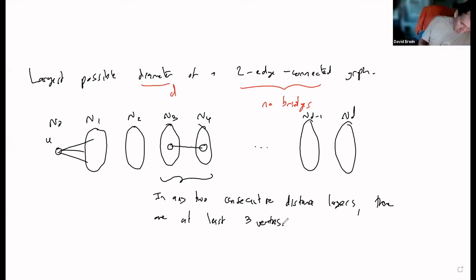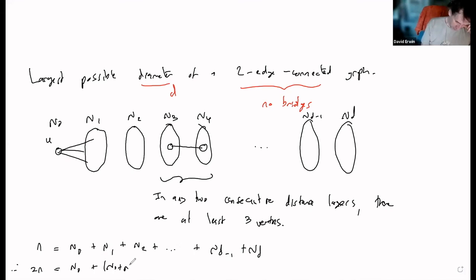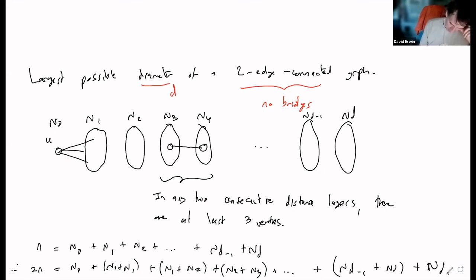Then one just exploits this to count things. For example, the number of vertices in the graph is n0 plus n1 plus n2 plus up to n_{d-1} plus n_d. And therefore 2n is n0 plus n0 plus n1 plus n1 plus n2 plus n2 plus n3 plus up to n_{d-1} plus n_d plus n_d.